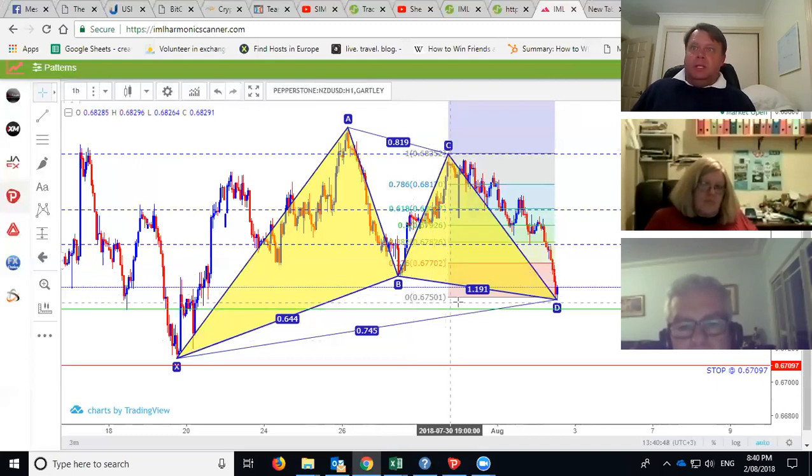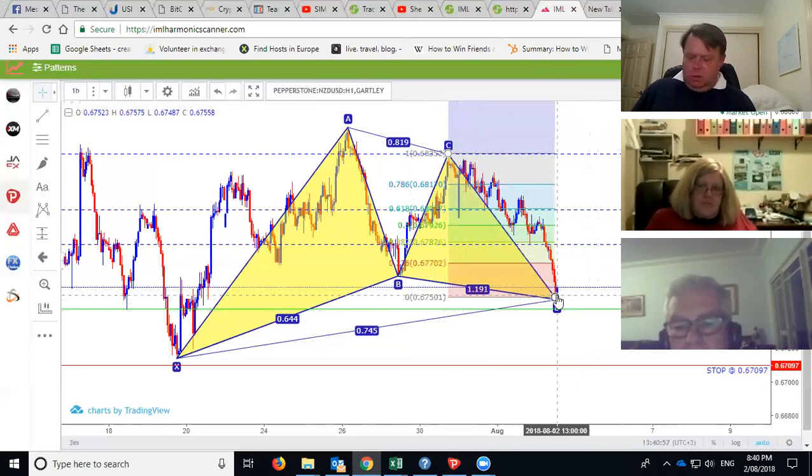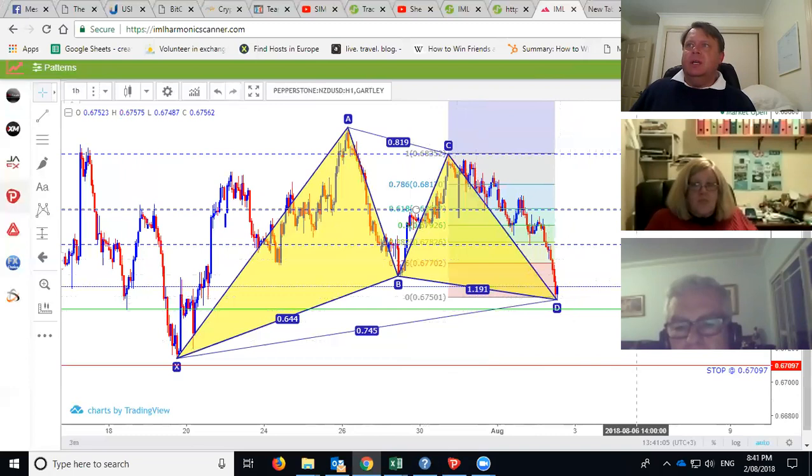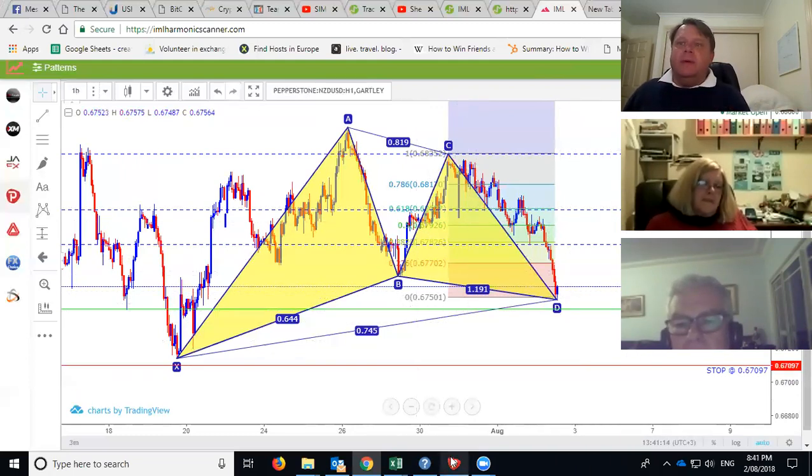My stop loss is down the bottom at D. Now D will actually be the low of that blue candle. 0.67487. And my target profit is right there, 0.68018. So we've got that data all provided from the web analyzer, the harmonic scanner on the web.